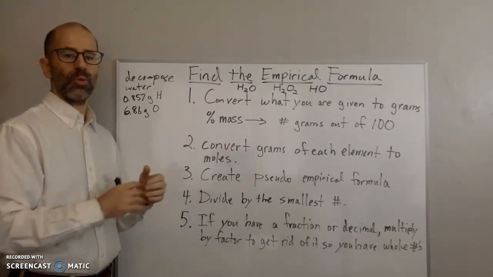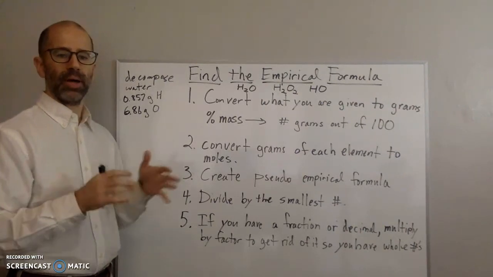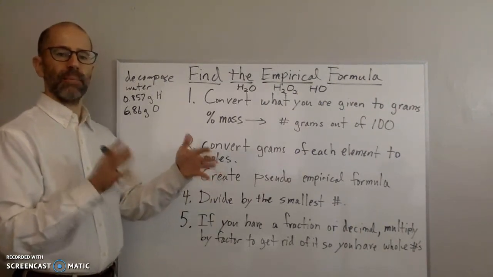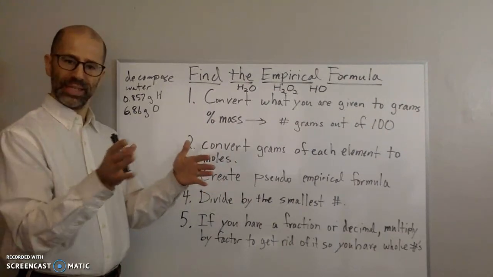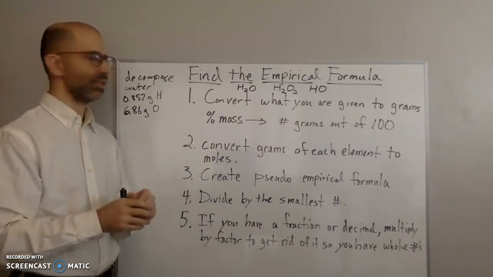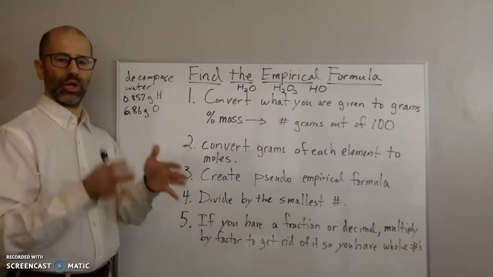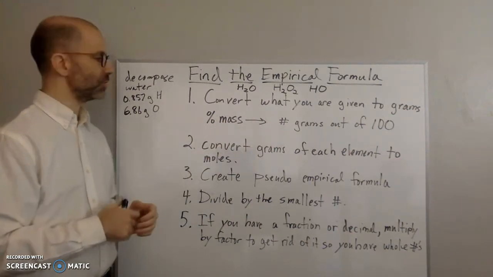When you convert to moles, they're not going to be nice whole number ratios. But then you make a ratio between them by dividing or relating the others to the one that's smallest, and you'll end up getting a ratio of 1 to some number related to the others.